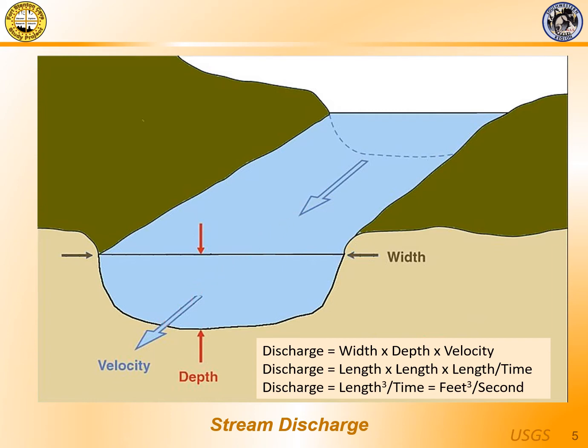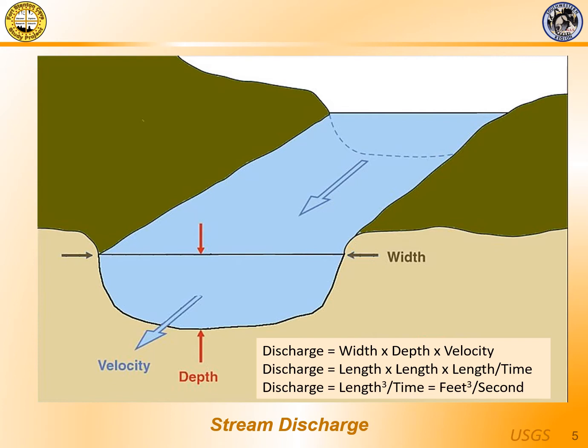So to make a discharge calculation, we define discharge to be width times depth times velocity. The units of width are length, the units of depth are length, and the units of velocity are length per unit time. You multiply all three of those together and you get discharge as cubic length per time, and in the United States, again, that's typically cubic feet per second.